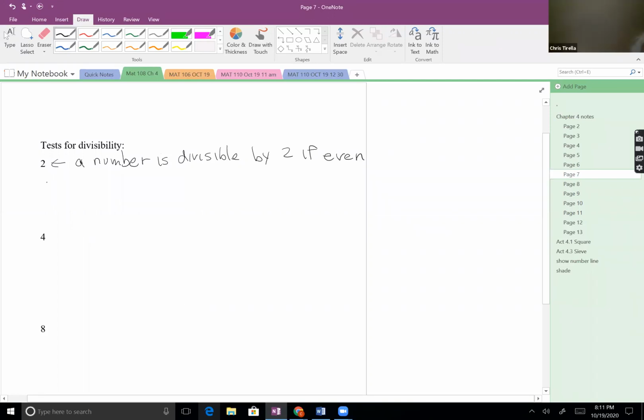And we know that it's even if the last digit is divisible by 2.